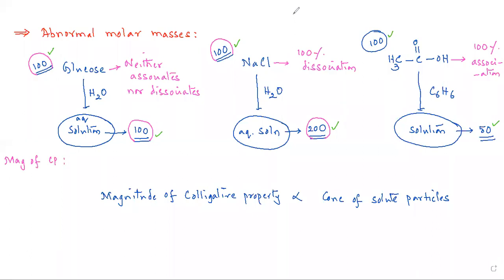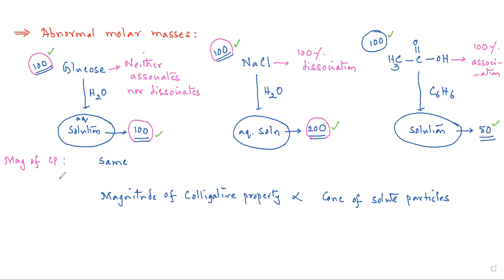If you consider the magnitude of colligative property in the first case, there won't be any change, or it remains the same, because the number of particles has remained the same.